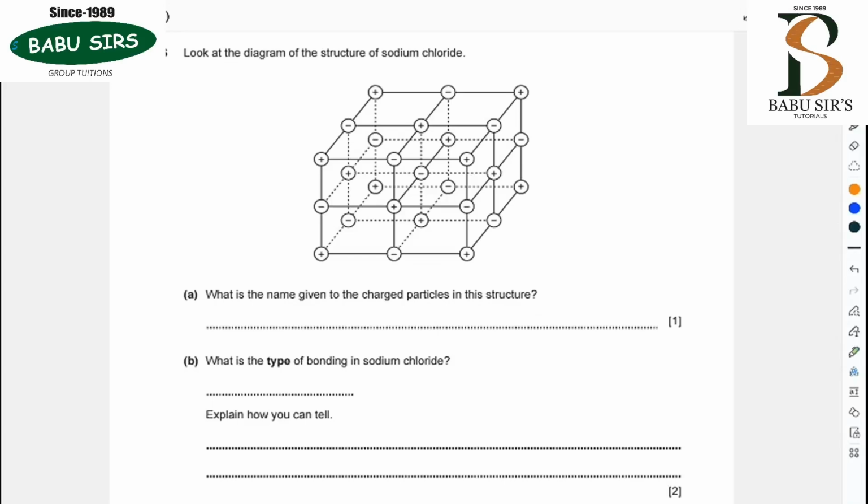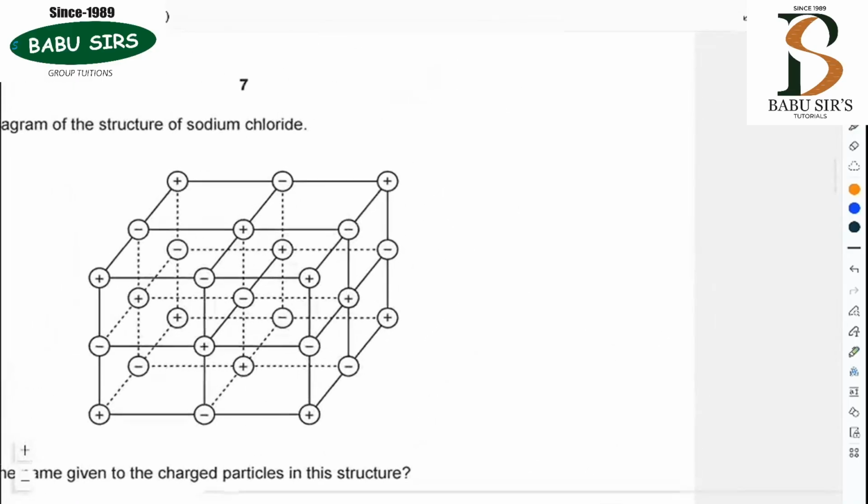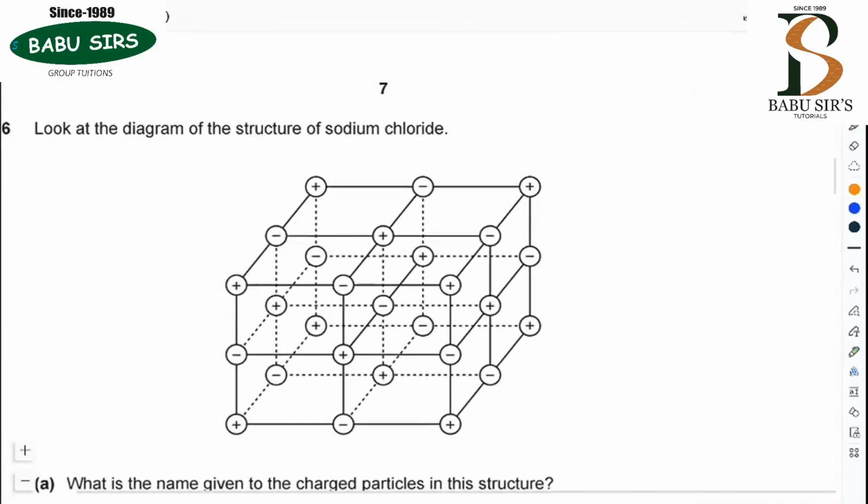Now we'll go on to question number 6. Look at the diagram of the structure of sodium chloride. Here you can see plus and minus. The plus one is sodium and the minus one is chlorine.